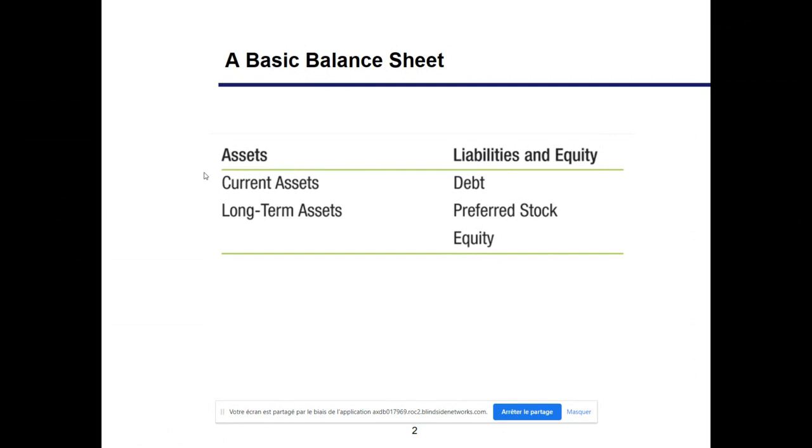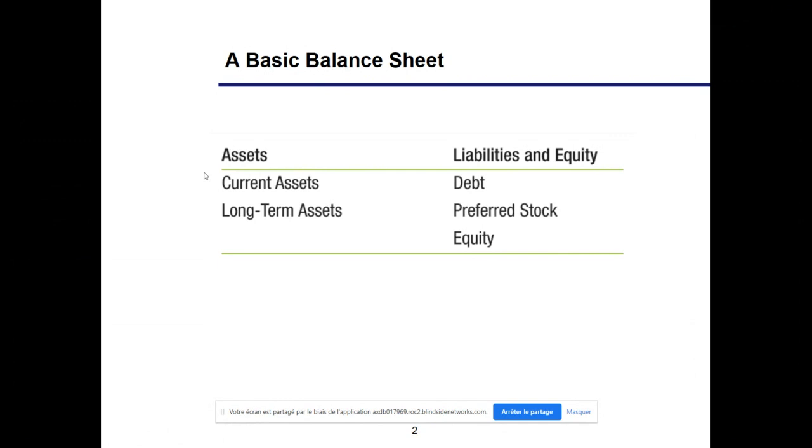One is borrow from someone. You issue debt, you get bank loans, you issue bonds, or you invite investors to participate in the equity part, in the ownership part. In general you issue common shares. We call that equity. Also, you have a particular type of equity which is called preference shares or preferred stock.